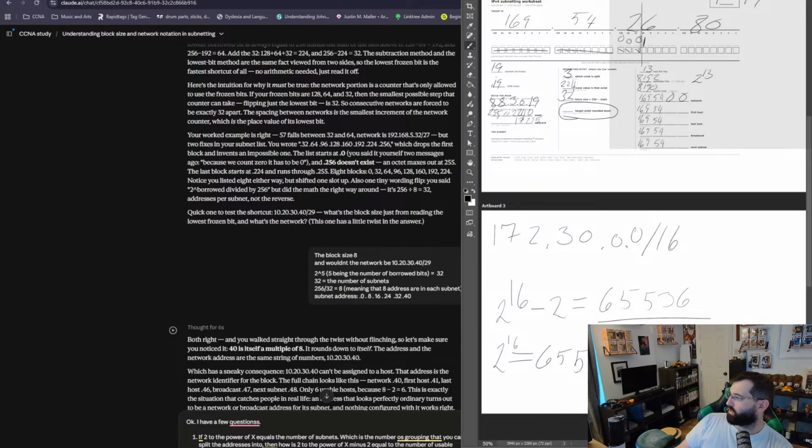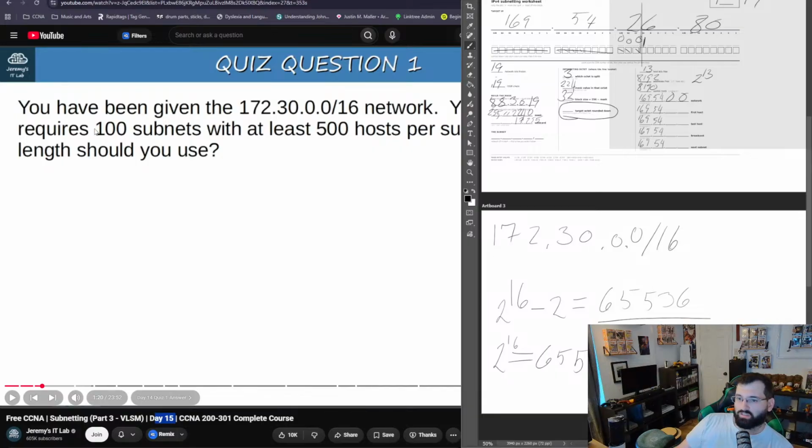So that would be 256 divided by 512. Dang it, I hate when I put it in backwards. I always forget which way it needs to go into the calculator. So that's 2 subnets. But the question is asking, your company requires 100 subnets with at least 500 hosts.